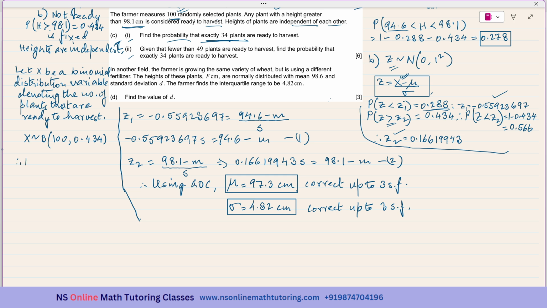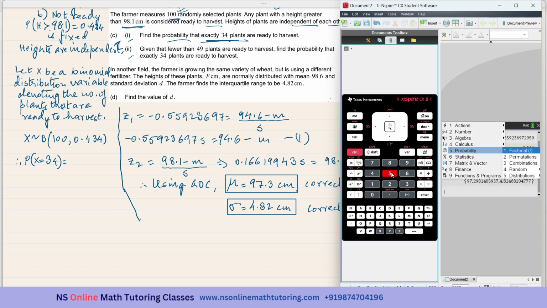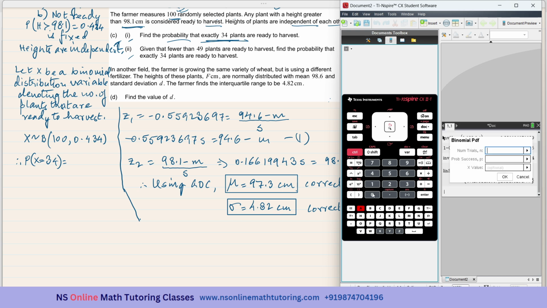So therefore, probability of X equal to 34 will be equal to, let us use the calculator. Now it is the probability distribution, and then distribution, and then it is the binomial. I can take PDF, so it is option A. PDF number of trials, it is 100. Probability of success, 0.434. And X value is not optional.